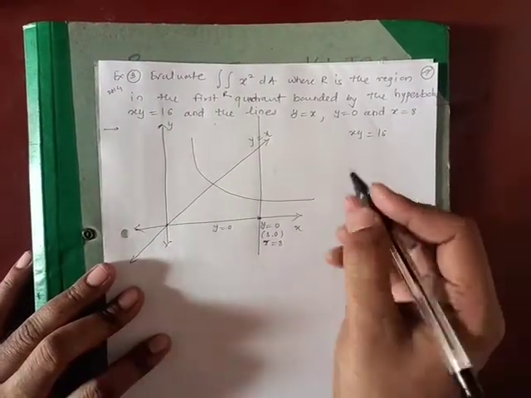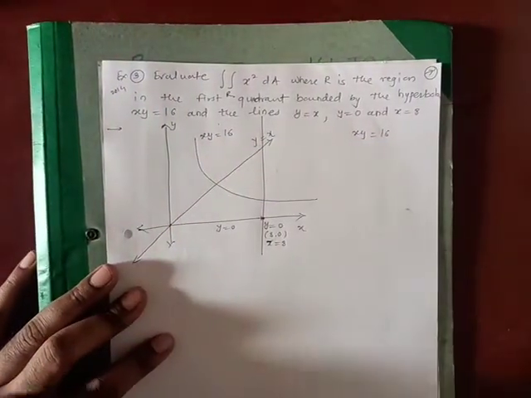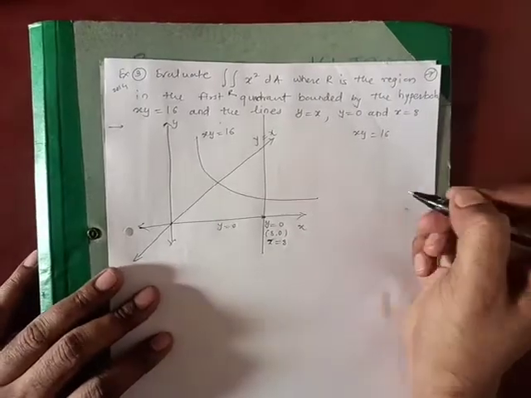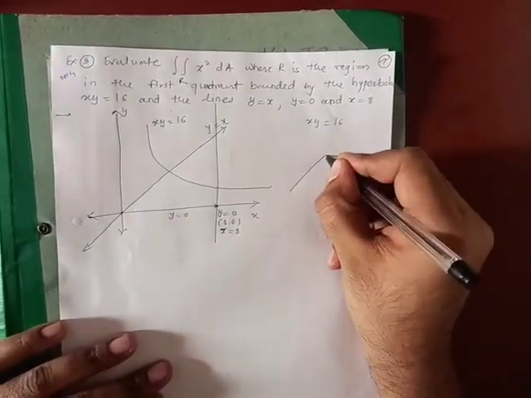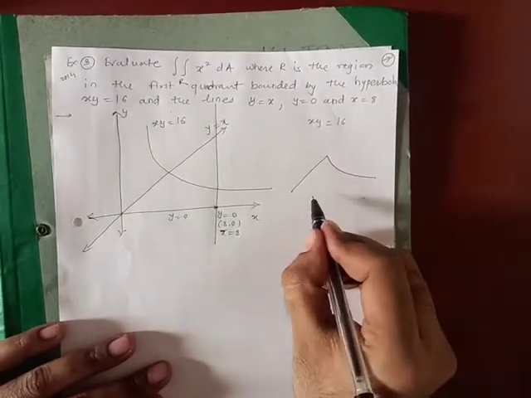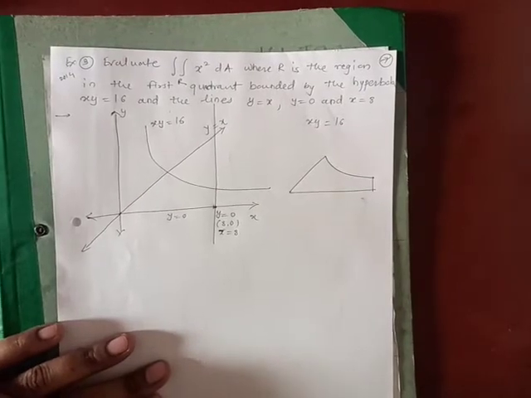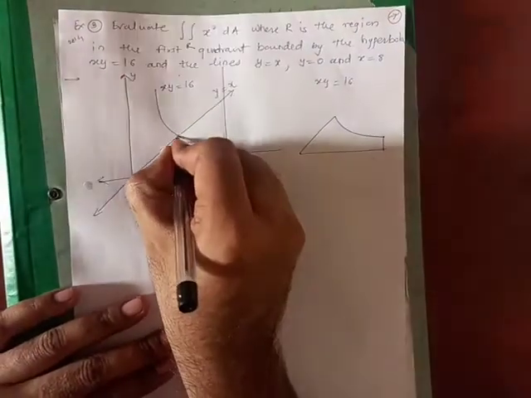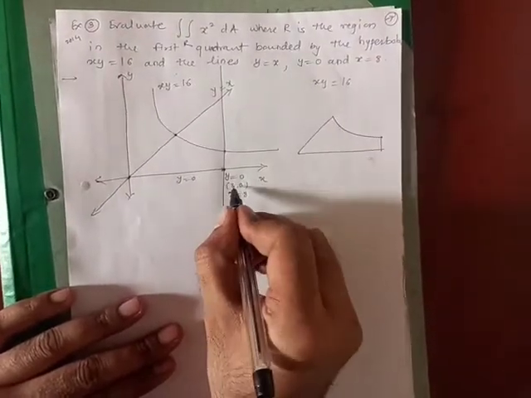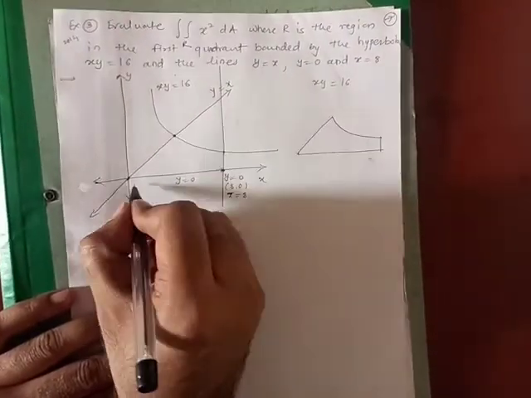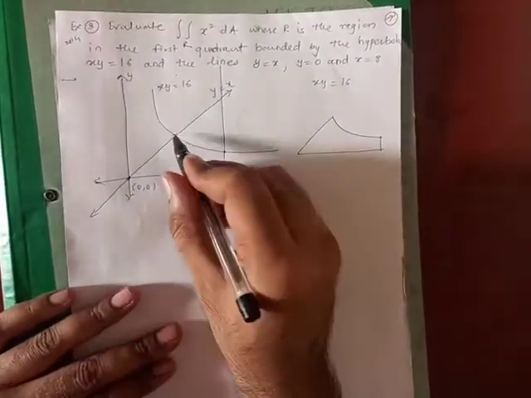Now if we draw this separately, then this is somewhat like this type of region. We have to find these intersecting points. This is 8 comma 0, and this will be the point 0 comma 0. These are the two intersecting points.